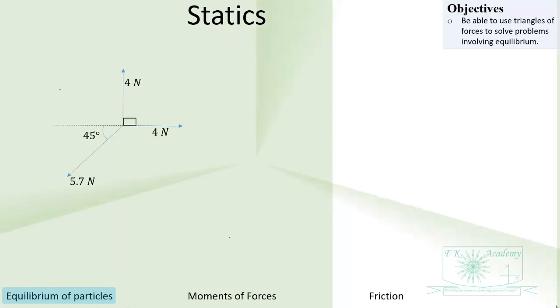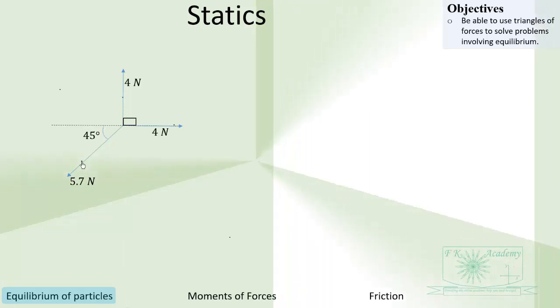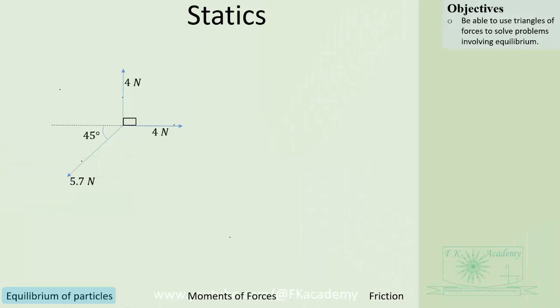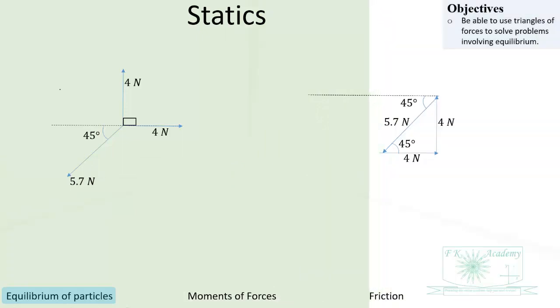What if the particle in equilibrium has three forces acting on it, as we can see? In this case, when we draw the forces tip to tail according to scale, it will form a closed loop, as you can see here. And this is what we call triangle of forces.